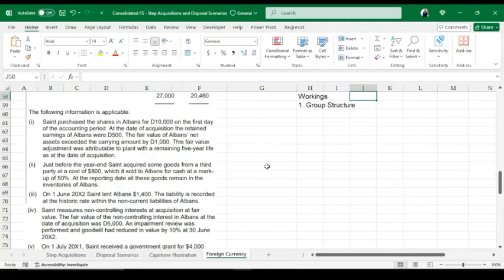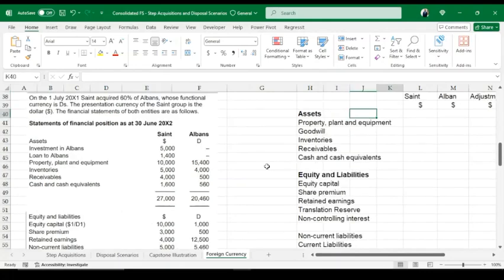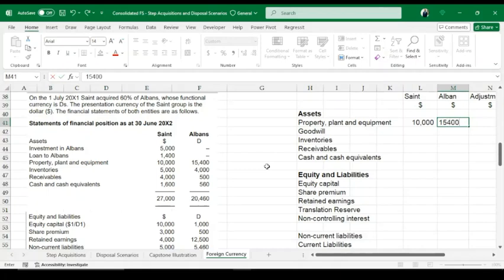So let's go and do that. We have 10,000 for Saint, and then 15,400 for Alban. But remember that is in D, so we need to translate it into dollars.